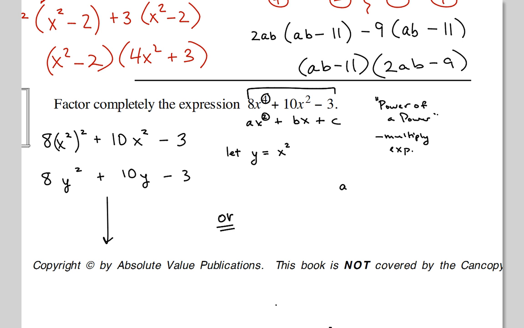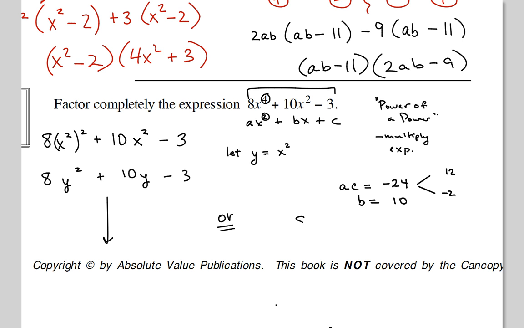So what's the AC value? Negative 24, that's 8 times negative 3. And the B value is 10. So how would 24 break down? 12 and 2, that's perfect. And which one will be negative? The 2. Okay.